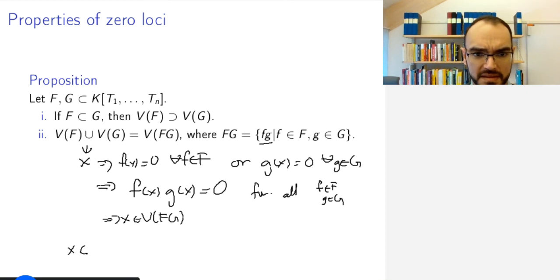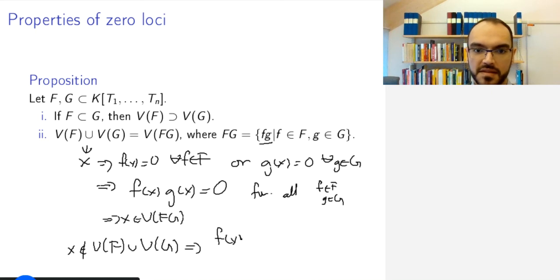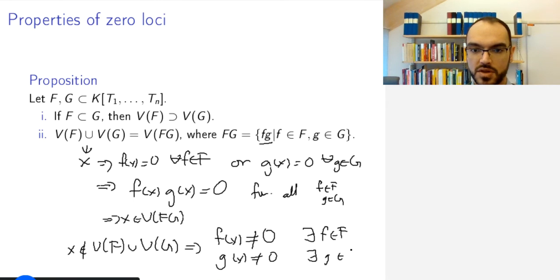And if x doesn't belong to the union, well, then there will exist some f such that x will not belong to V of f, so it will not be a 0 of some f. And likewise, g of x will be different from 0 for some g in g.